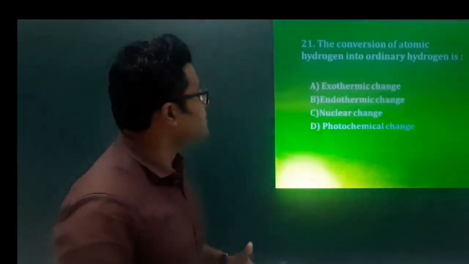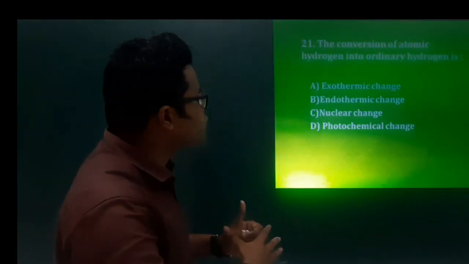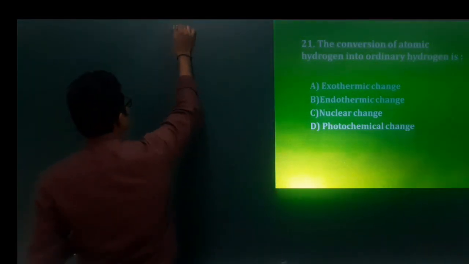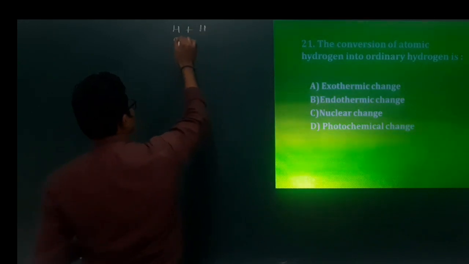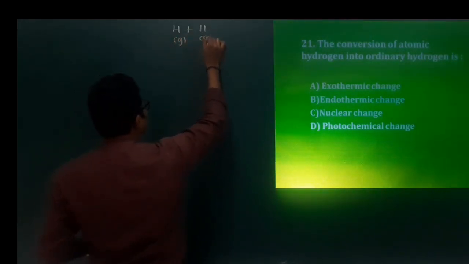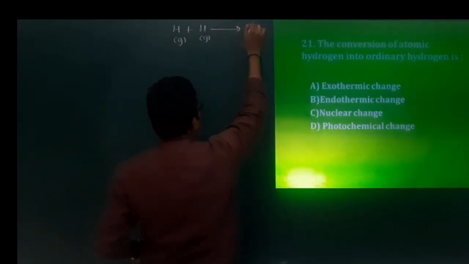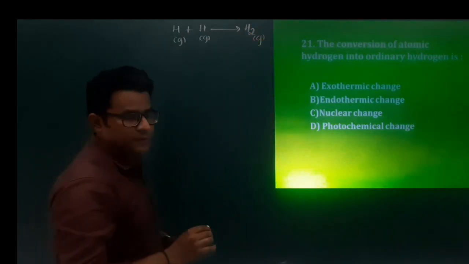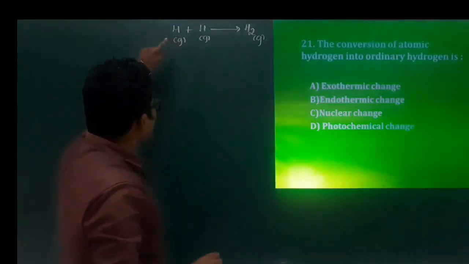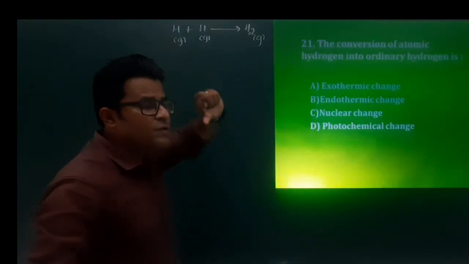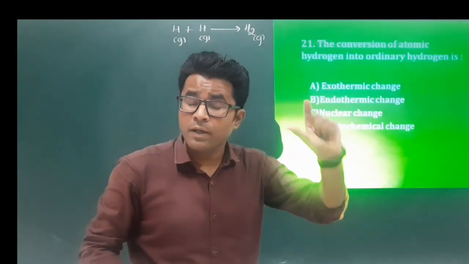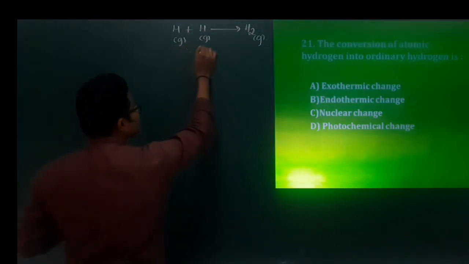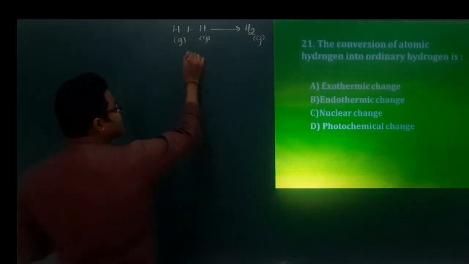Number 21. The conversion of atomic hydrogen into ordinary hydrogen. They are speaking about the reaction between two atomic hydrogens in gaseous form to form a hydrogen molecule. In this particular case, atomic hydrogens are much more reactive and much more unstable, due to which they react.